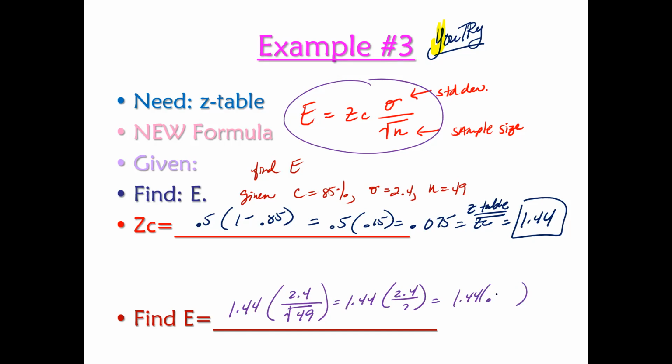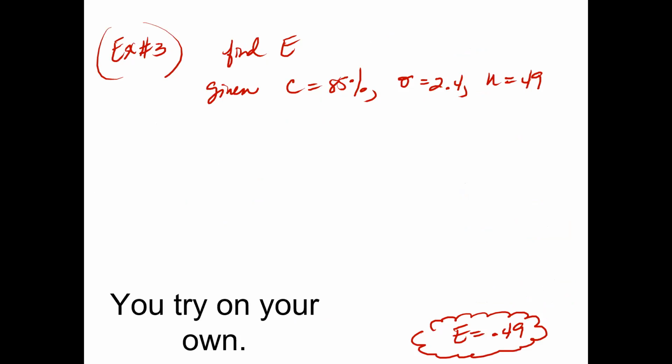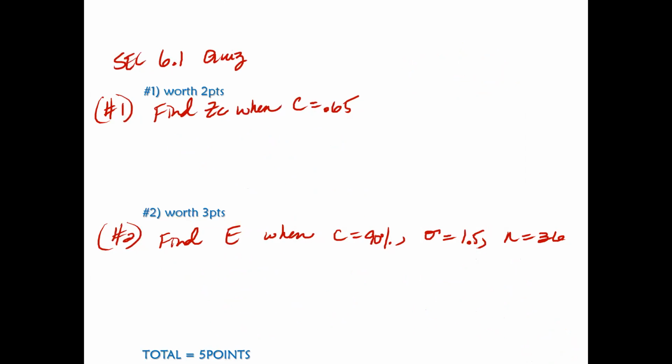And that should give you a 0.343. And multiply that by 1.44, which gives you an E score of 0.49. And that is your answer.